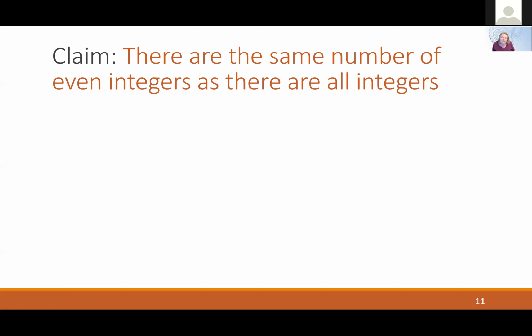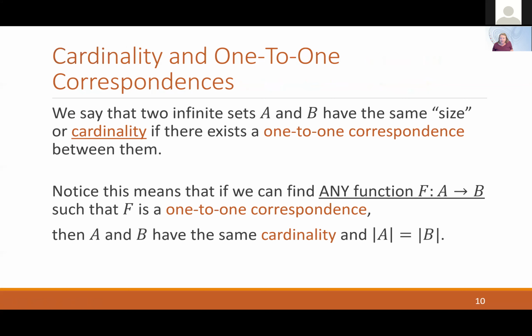Okay, so this is the claim. There are the same number of even integers as there are all integers. Now remember, if we want to say there's the same number, that means we're saying that the two sets have the same cardinality. And that means we have to be able to find a function that takes one set to the other set.